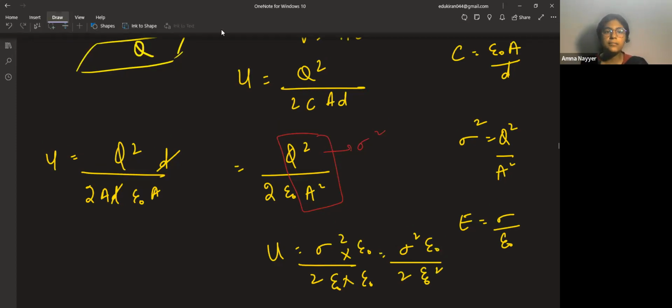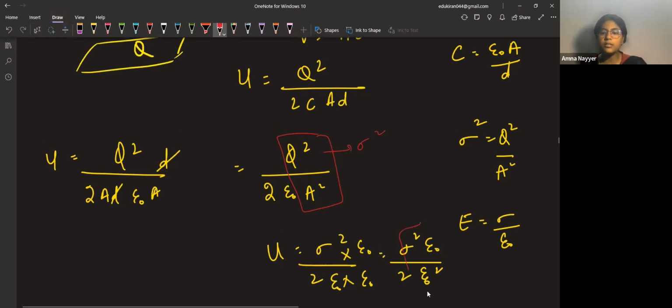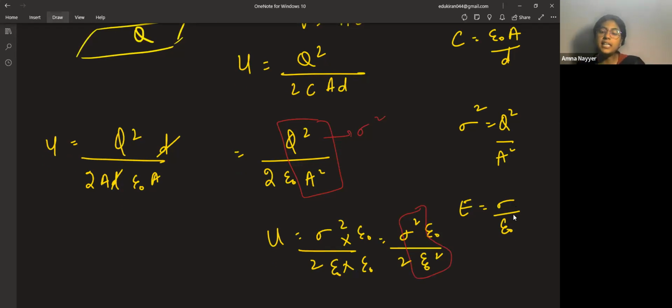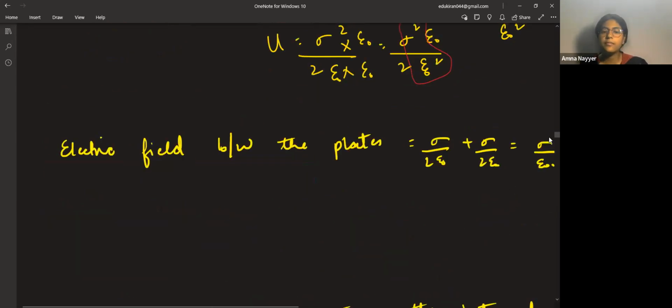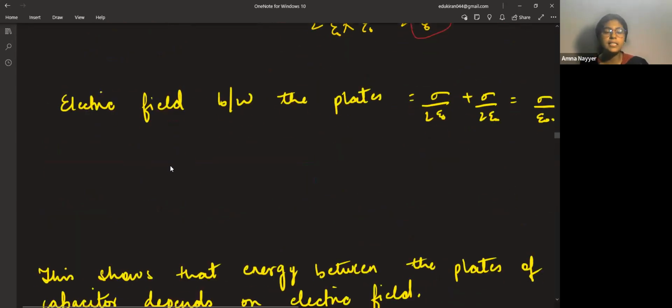If E is sigma by epsilon naught, E square will be sigma square by epsilon naught square, yes? So this is our final answer. Electric field between the plates is sigma by epsilon naught. So the final answer, half sigma square by epsilon naught square becomes E square, and we are left with half epsilon naught E square.